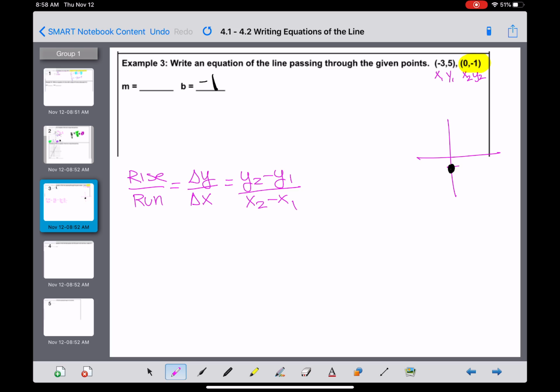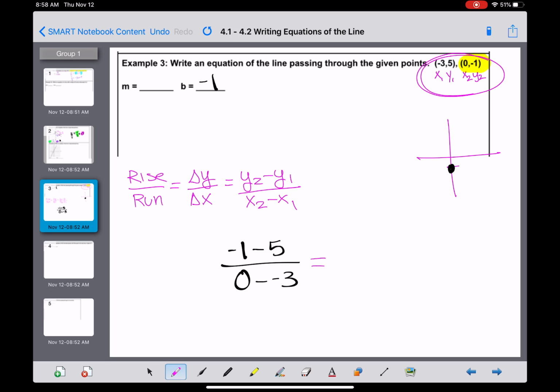Okay, so I'm going to plug in my values. y2 is -1. Subtract y1, which is 5. x2 is 0. Subtract x1, which is -3. I just got those values from substituting our coordinates.